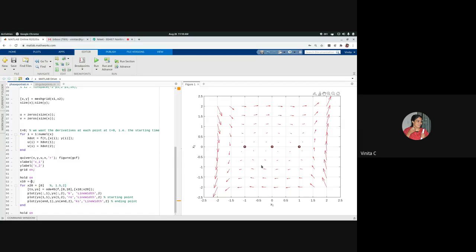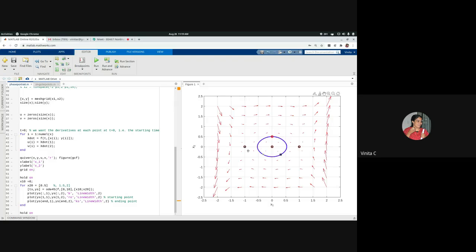Okay, do you want me to show it once again? No. Okay, now let us take a nearby point. Let us take x10 as 0 and x20 as 0.5. See, when I gave 0.5, when it reached here, it got a push from here. That means here it is a saddle. Near the 1,0 point it is a saddle and it is a push here, and here also there is a push pulling it away from the equilibrium point.